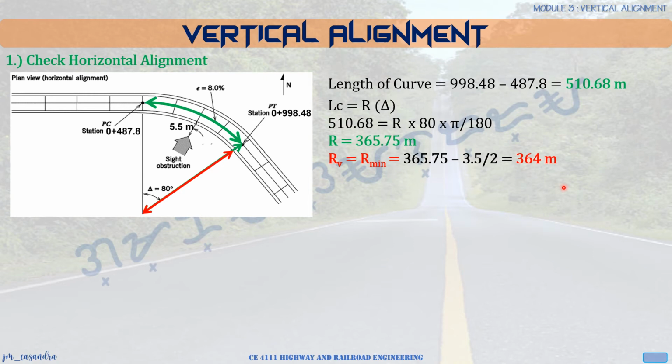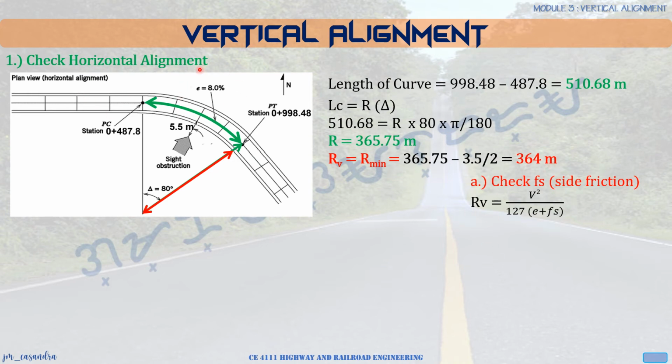Okay, so once we have computed for your R min, we now check if our side friction is safe. So with that, we apply now our equation of minimum radius of curvature from our previous discussions. So we have V squared, and the V given is 80.